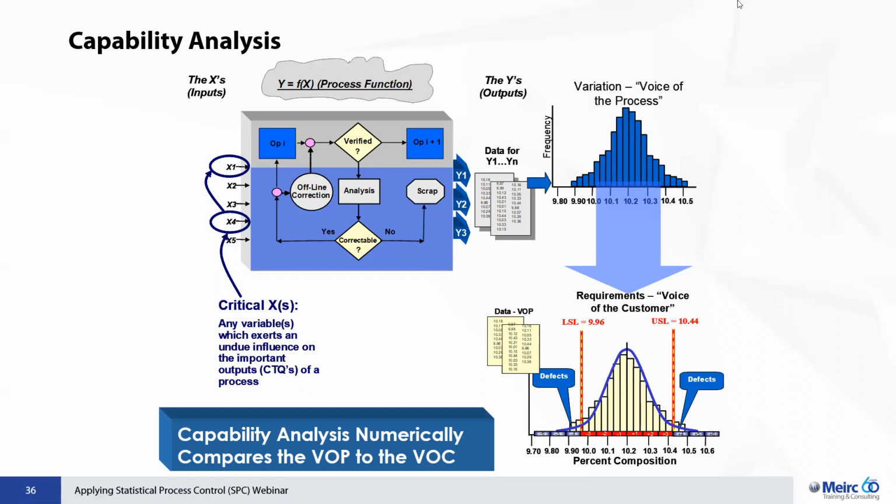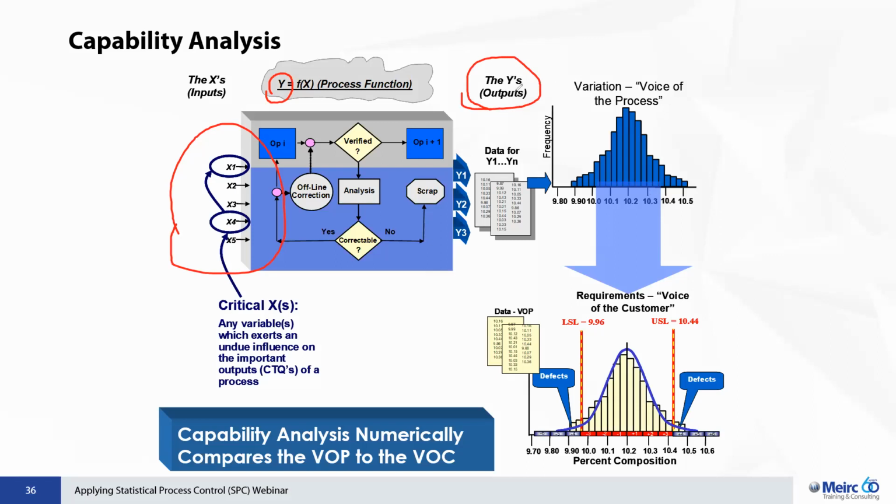So if you look at this chart here, once I understand the process I'm trying to analyze, and I can collect the variables that I'm interested in, the Y, we can take that Y and then we can measure it. What do we mean by measure it? Sample, get data, go on the floor, get data, whether your system is generating that data about that Y. That Y, as we said, could be anything from time to concentration.